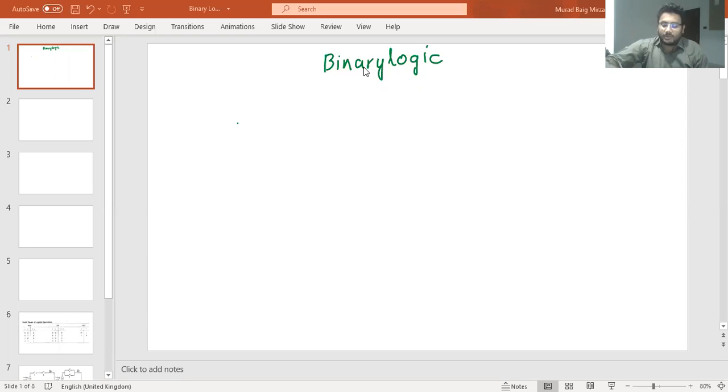It's quite simple. Now I have said that we are using binary variables. As you know, binary means two. So these variables can store two values. What do these variables look like?